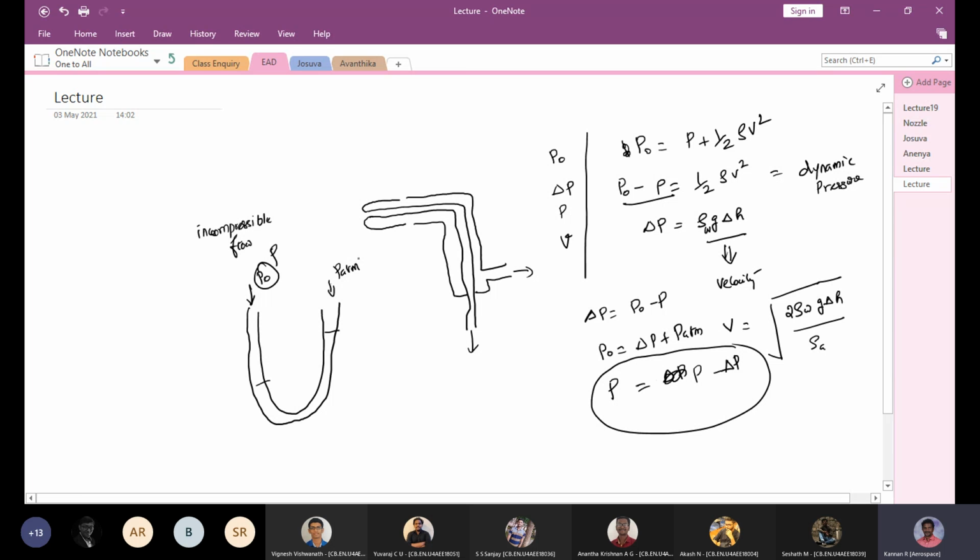If it is reversed, the sign will change. So using this, you can measure your stagnation pressure, dynamic pressure, and static pressure, and you can calculate your velocity. If you are given a Pitot static tube, you should be in a position to find all those things.